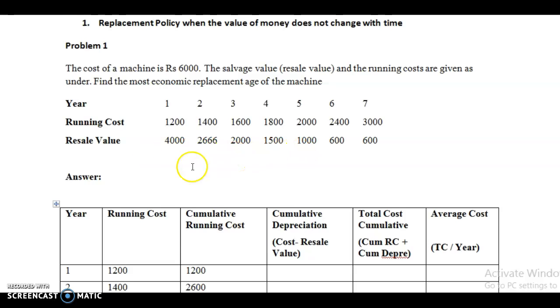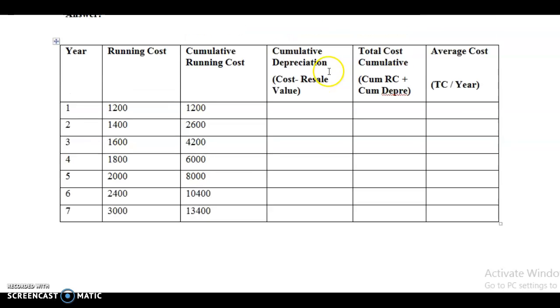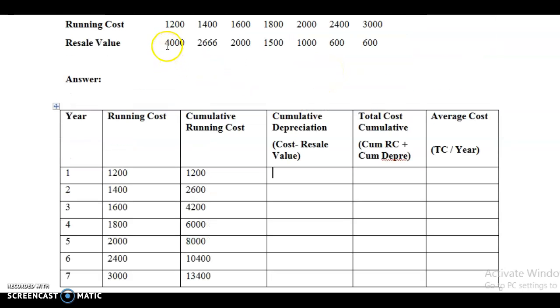Resale value is also given. For the first year, cumulative depreciation is 6,000 minus the resale value 4,000. So 6,000 minus 4,000, we get the amount 2,000.